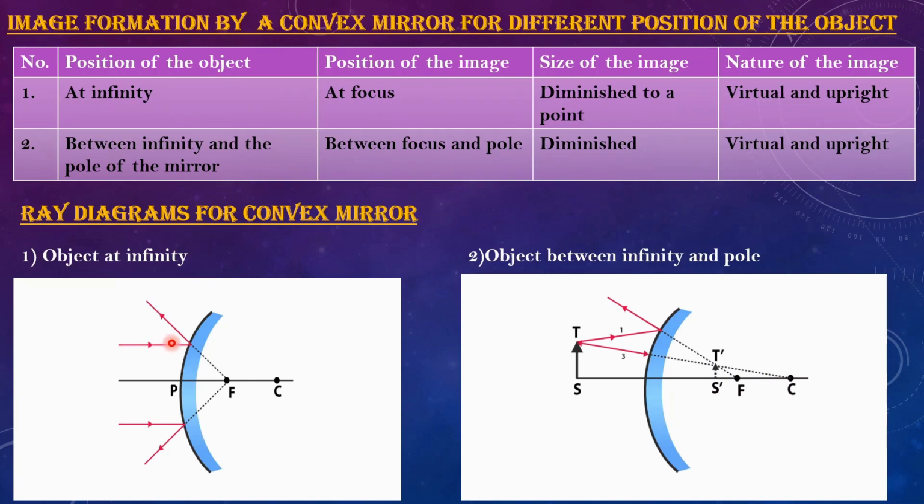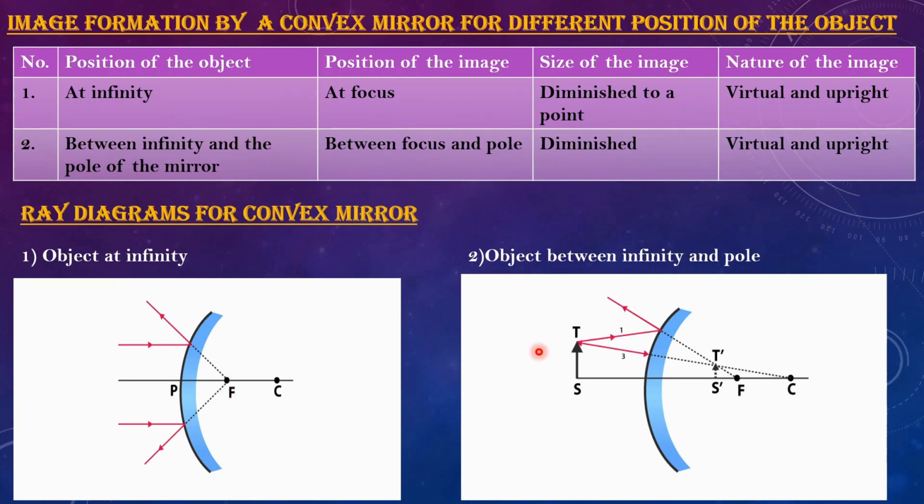Light rays are coming from infinity, due to which they are parallel to the principal axis, and hence the image that is formed is at the back side of the mirror at focus, which is diminished to a point, and the nature of the image will be virtual and upright.